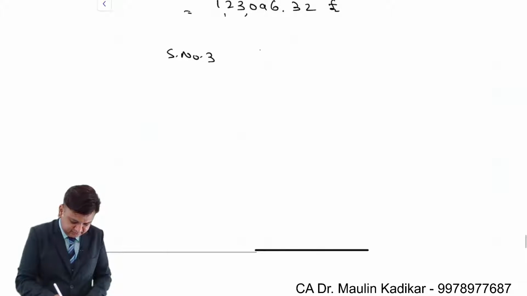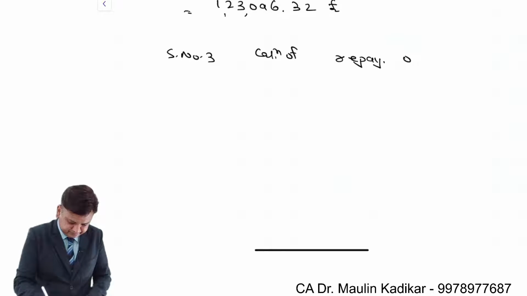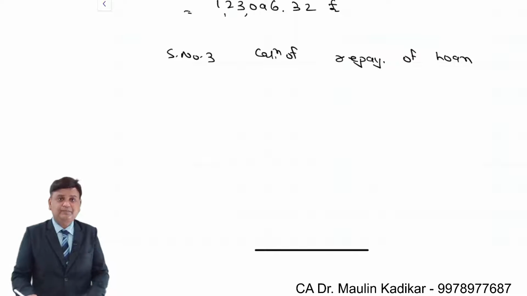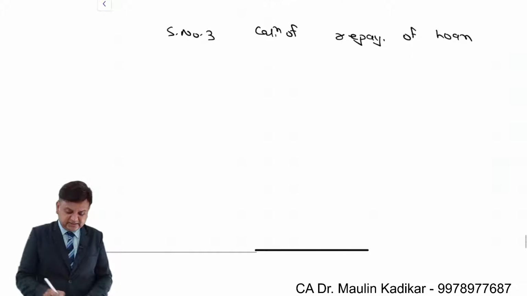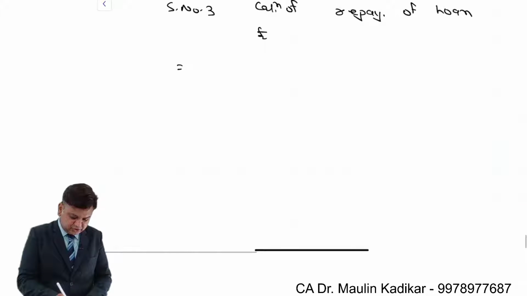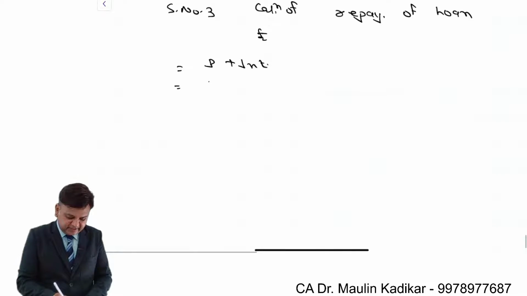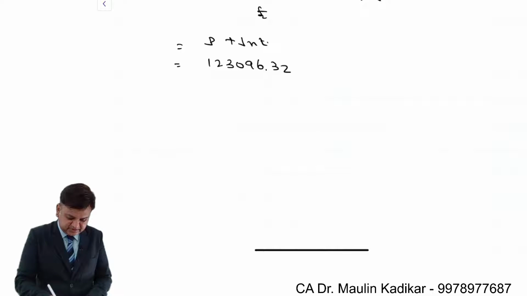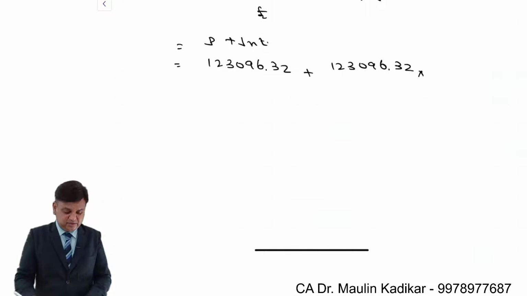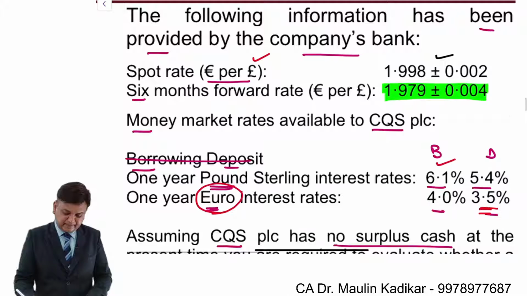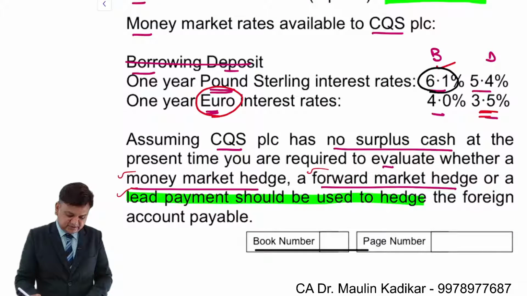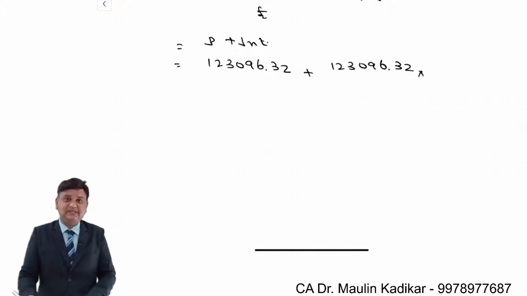Step number 3, calculation of repayment of loan. Of course, that is in the domestic currency, that is in the pound currency. So it is principal plus interest. So 1,23,096.32 plus 1,23,096.32 into the rate of interest, which is 6.1%, and the time period is 6 months.